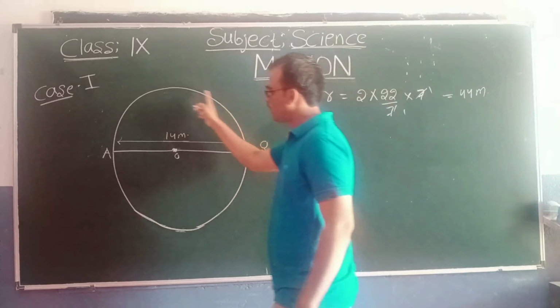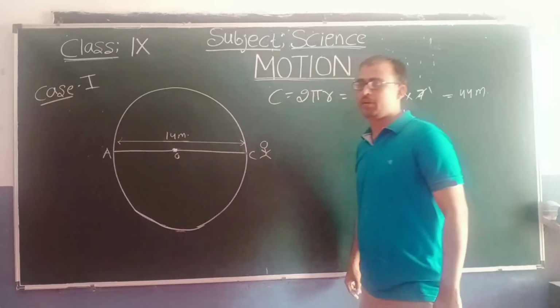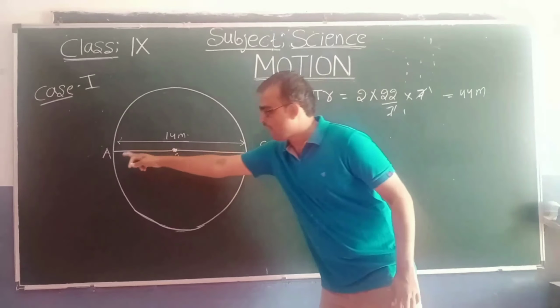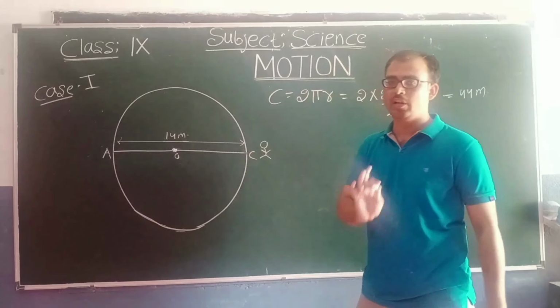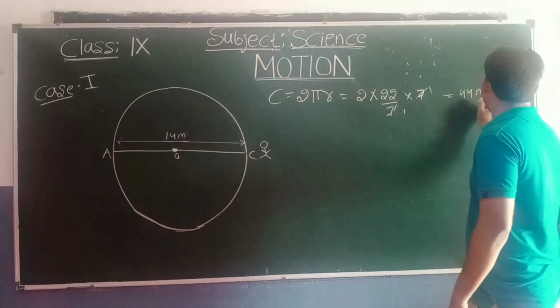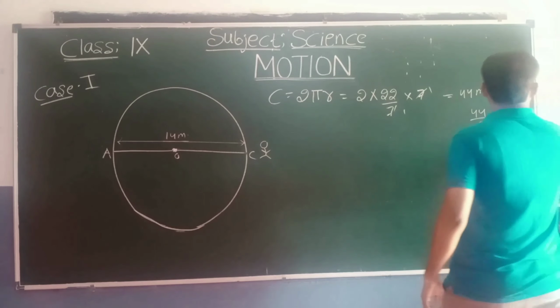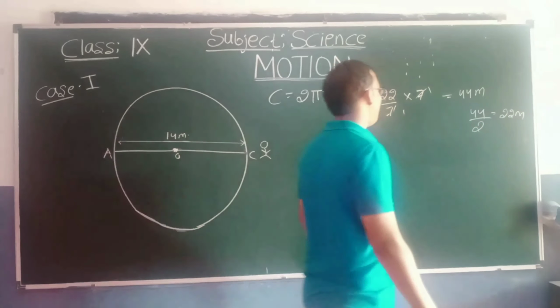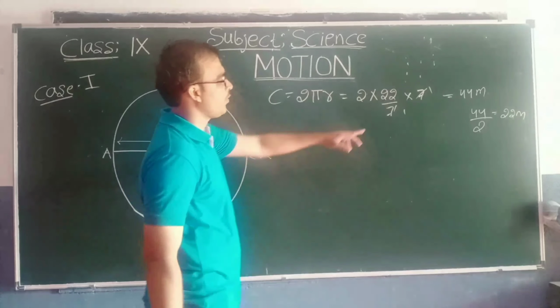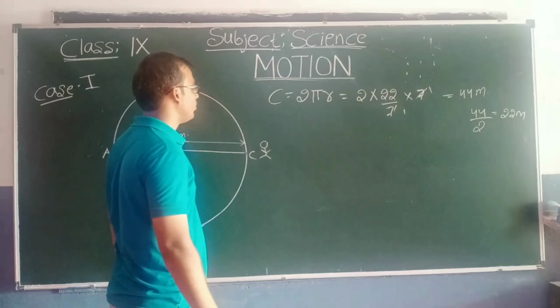That is the total circumference, 44 meter. But how much has he covered? Only half of the circumference. That is 44 by 2, which is 22.